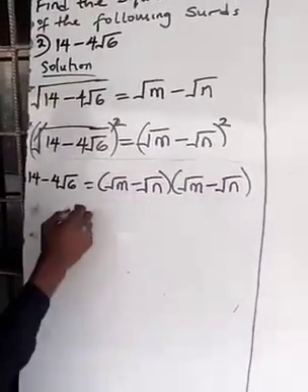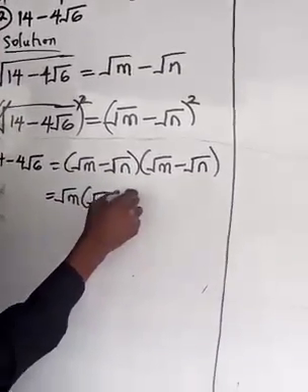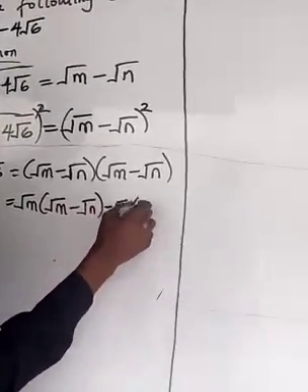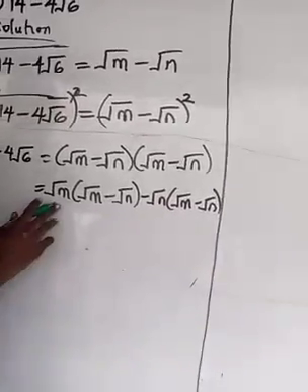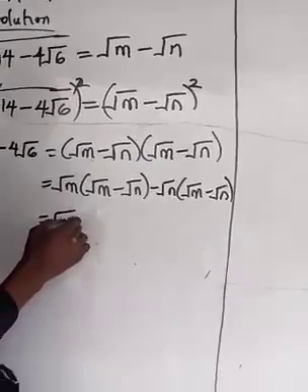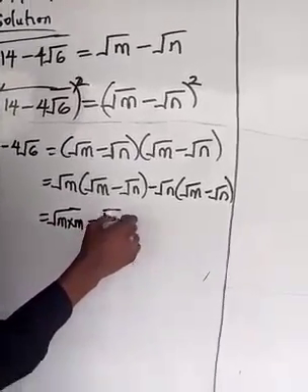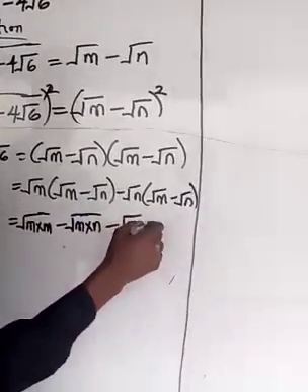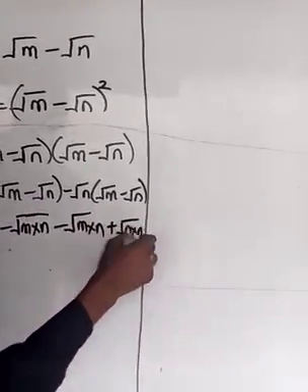So this multiplies that. We have root m times root m minus root n, then minus root n times root m minus root n. Root m times root m is m, then minus root m times n, then minus root m times n, then minus times minus is plus root n times root n.